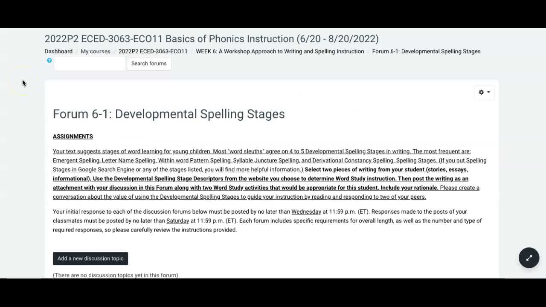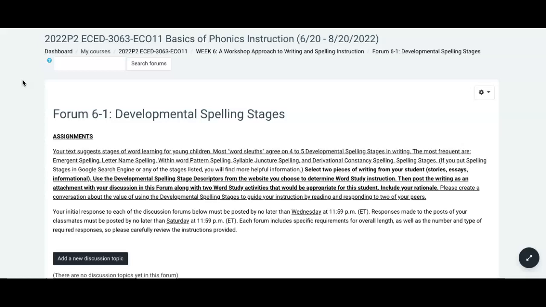Okay, 6-1, developmental spelling stages. You're going to select 2 pieces of writing that you have had your student do in your tutor sessions. You're going to use a developmental spelling stage descriptor from a website that you have chosen to determine word study instruction for your student.